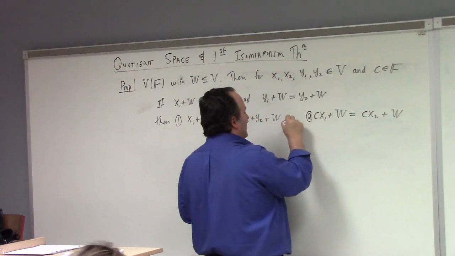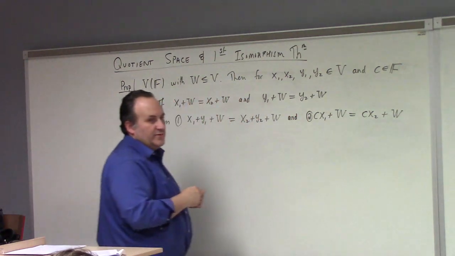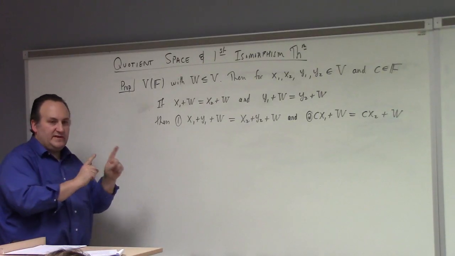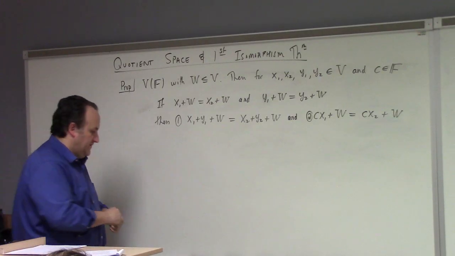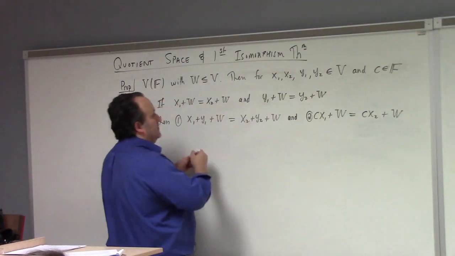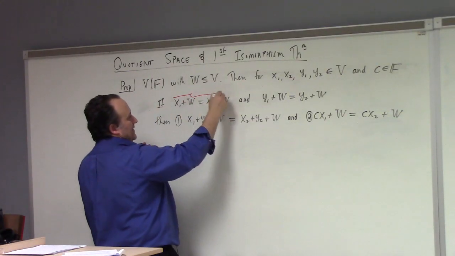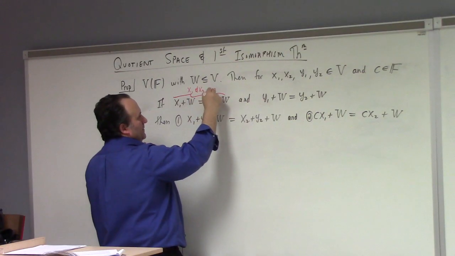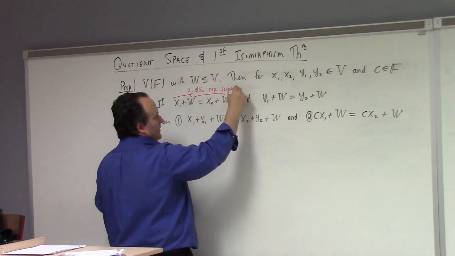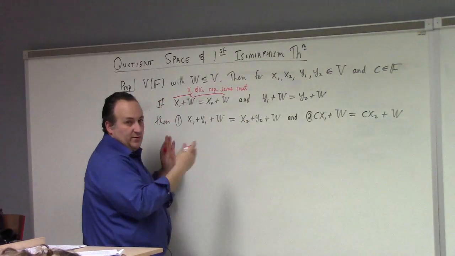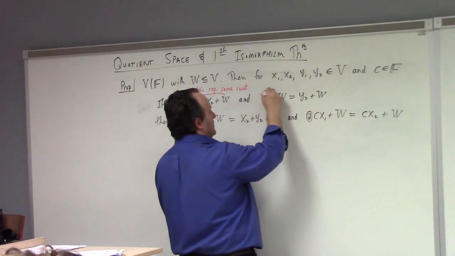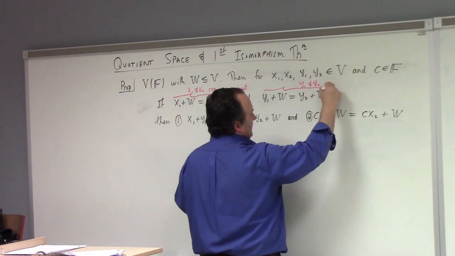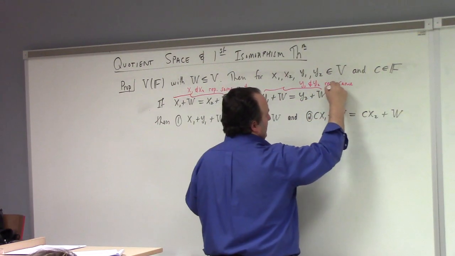So what I'm getting at here, guys, is suppose we have two different representatives for the same coset, right? See what I'm saying? Here, this means that x1 and x2 represent the same coset. They're equal, yeah? Likewise, y1 and y2 represent the same coset.